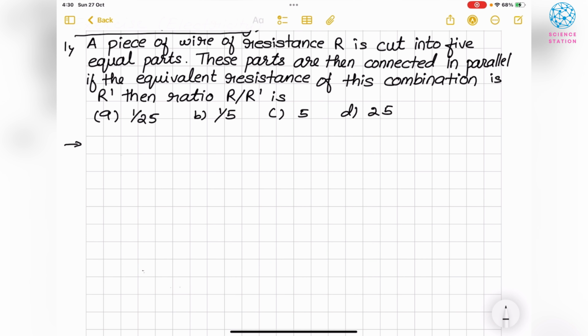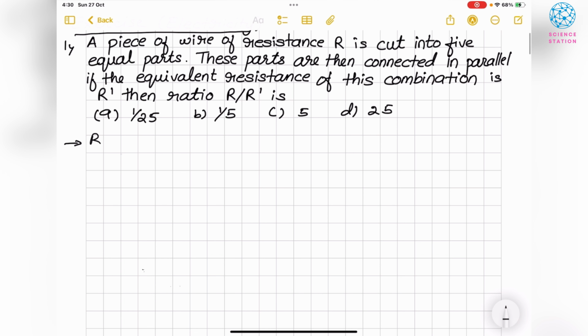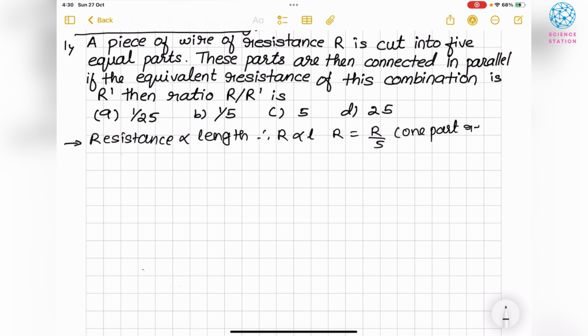So see, we know that resistance R is directly proportional to length L. Here I have broken the R into 5 equal parts, so the resistance of 1 part will be R upon 5.